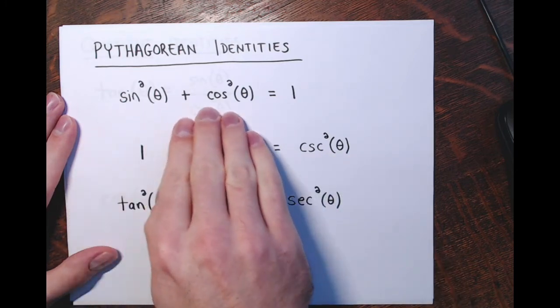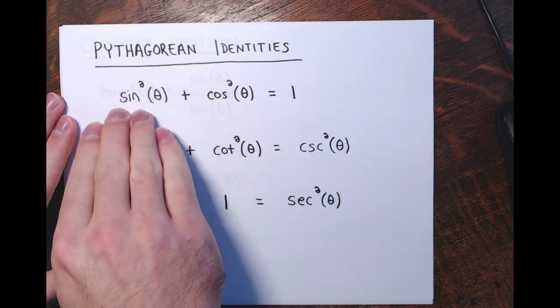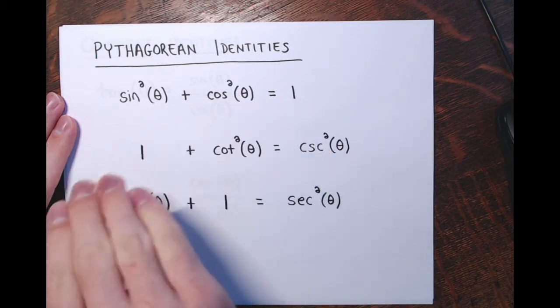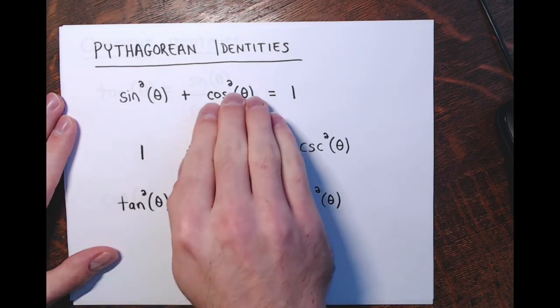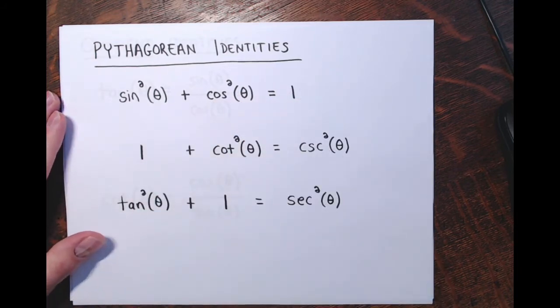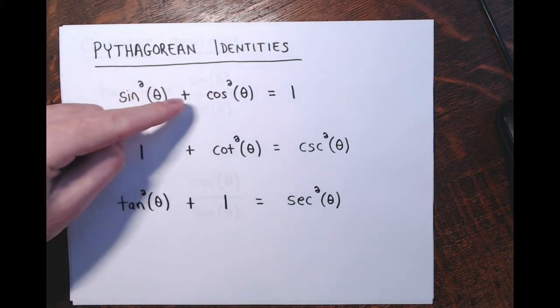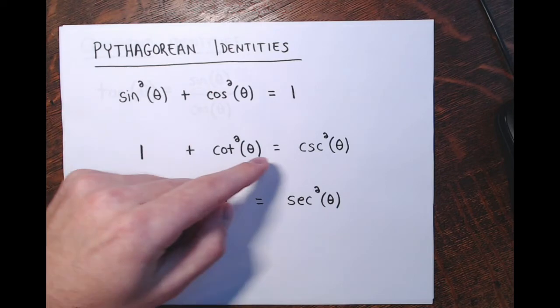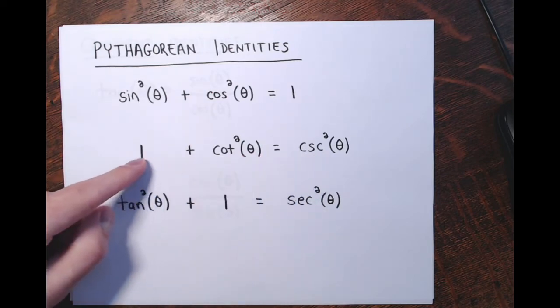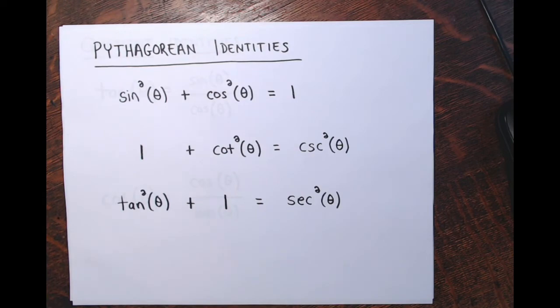Then again, take that original one, sine squared plus cosine squared equals 1. This time divide everything by cosine squared, and you get tangent squared plus 1 equals secant squared. So you have these three identities involving the squares of two different functions and the number 1 in some way.